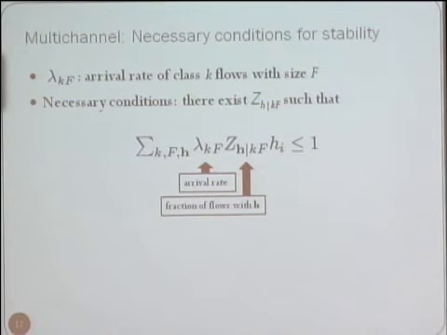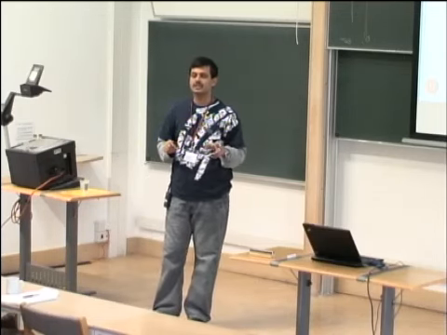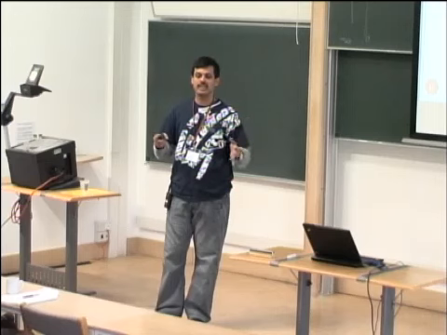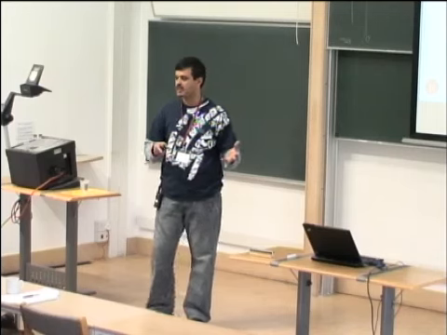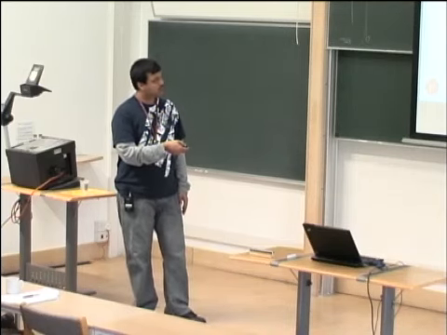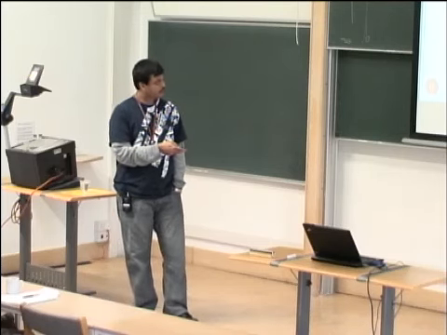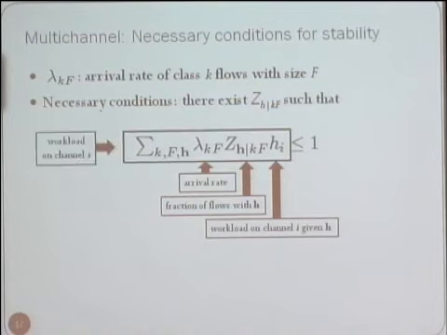Okay, so you have flows of a particular class, and some flows of this class you might allocate 2 channel uses on channel 1 and 1 channel use on channel 2, and some flows you might allocate 5 channel uses on channel 2 and then 0 on channel 1 and so on. So z is the fraction of flows that get a particular channel allocation. Okay, and of course that's the workload on channel i, and this total summation of course has to be less than 1, right? So that's the workload on channel i.